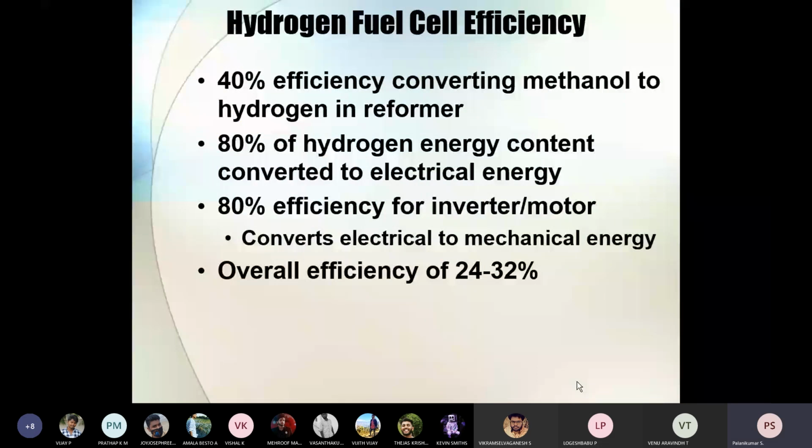Suppose I have methanol; converting it to hydrogen has 40 percent efficiency. From 50 percent, the hydrogen energy content can be converted to electrical, and then 80 percent efficiency for the inverter.